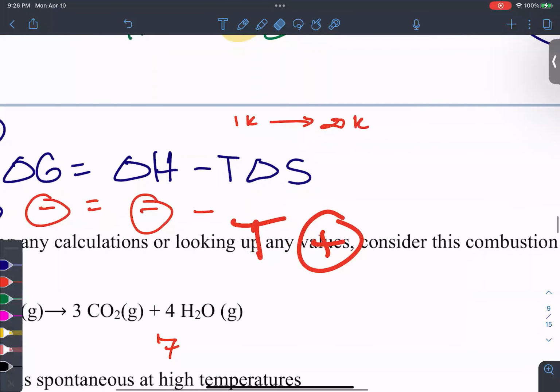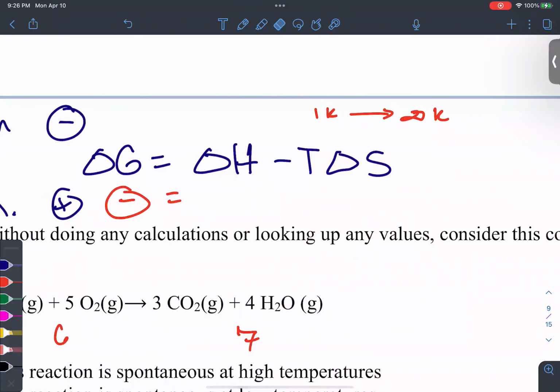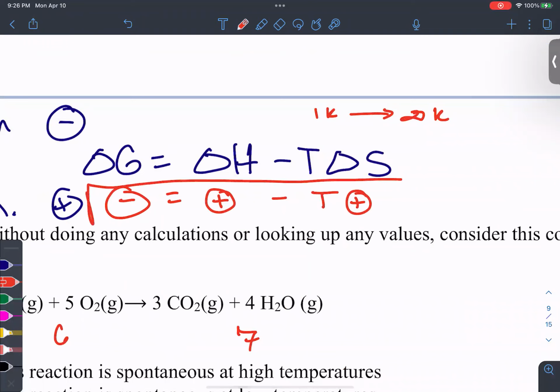Let's not look at this example. What if we had a combination like a positive delta H minus a positive delta S? At what temperature range will delta G be negative, meaning the reaction is spontaneous? At high, low, all temperatures, or no temperatures? High temperatures, because delta H is already positive.